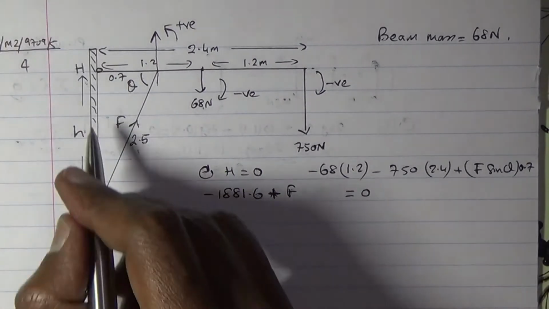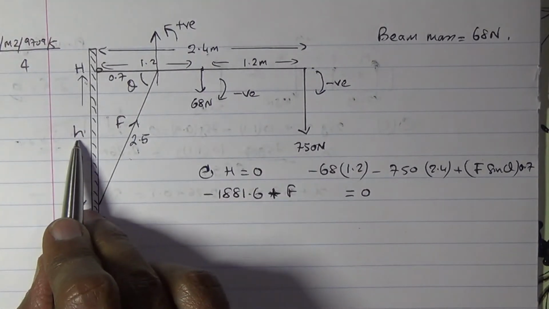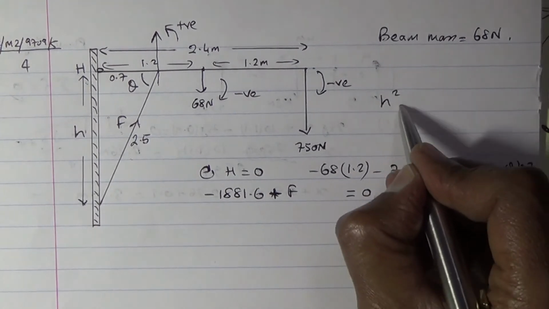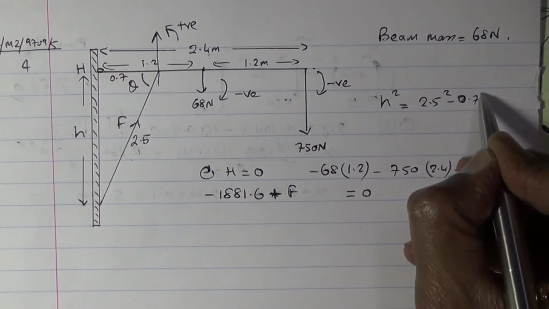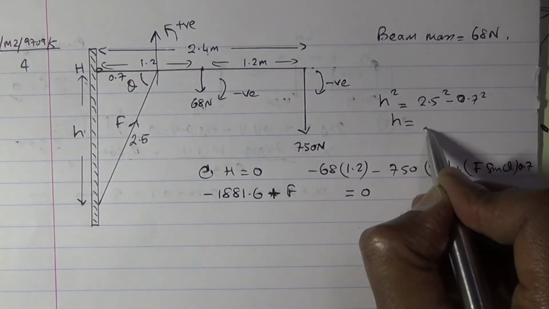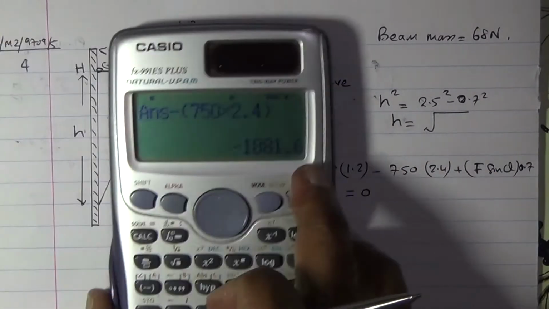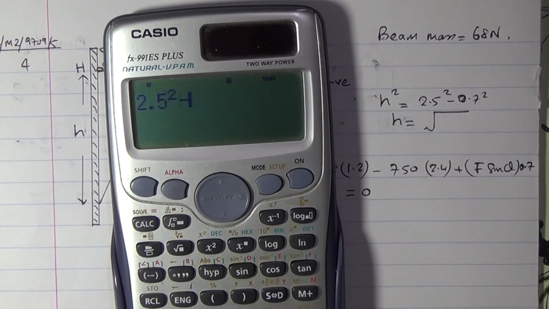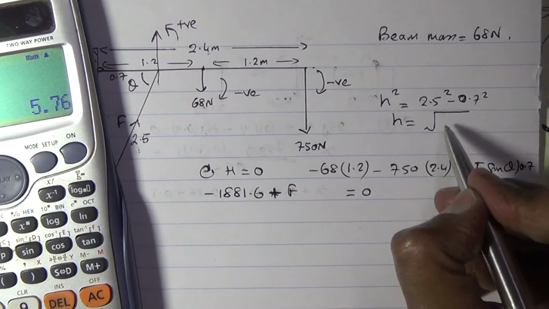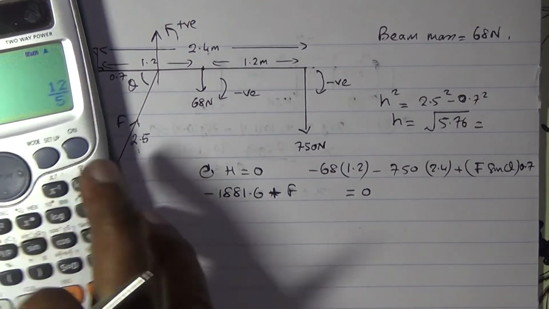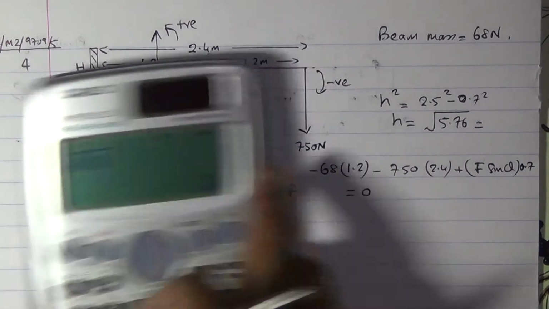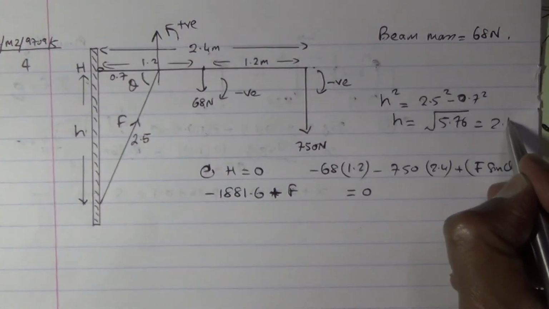Sine is opposite over hypotenuse. If you want to find the opposite, you can use Pythagoras' theorem. So h squared is equal to 2.5 squared minus 0.7 squared. So h is equal to the square root of 5.76, which turns out to be 2.4. So this is 2.4.